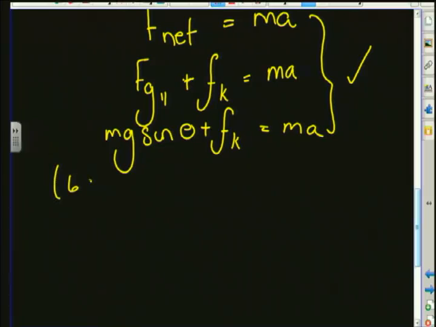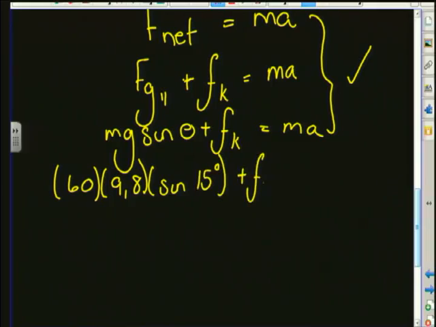The mass was 60, gravity was 9,8, the angle of the slope is 15 degrees, I want friction, mass is 60, and I've just worked out that, should I write it so you could read it? It always makes it a bit easier, I do understand that, is 1,5.